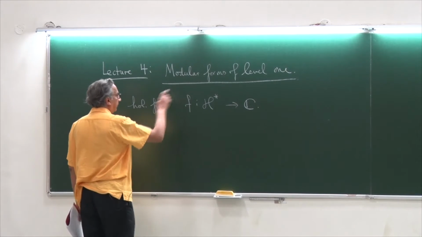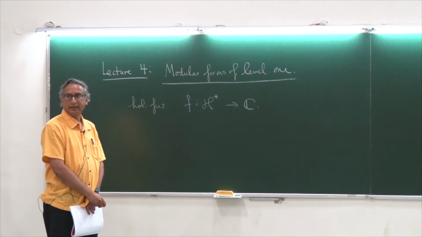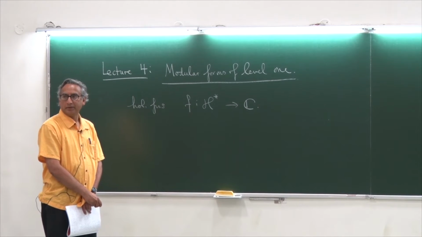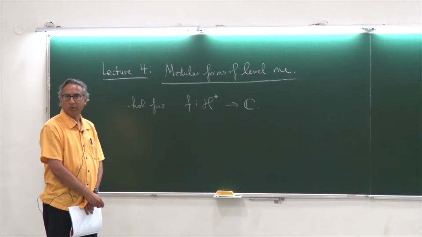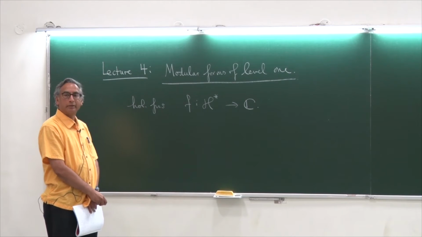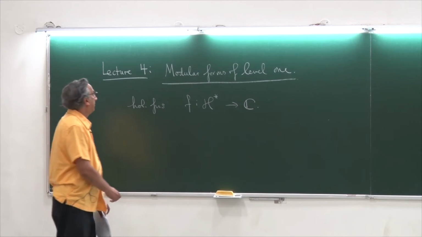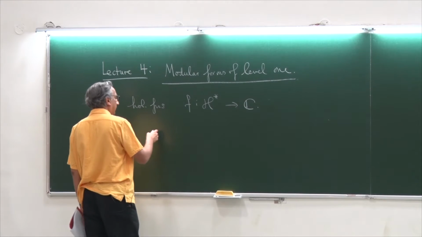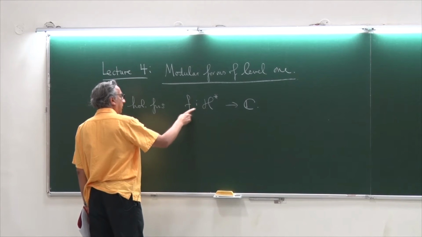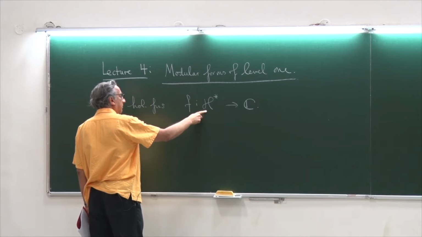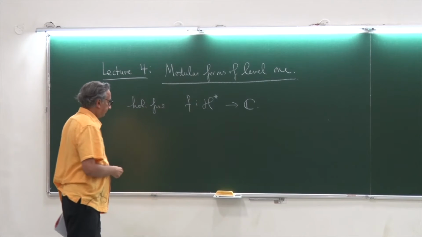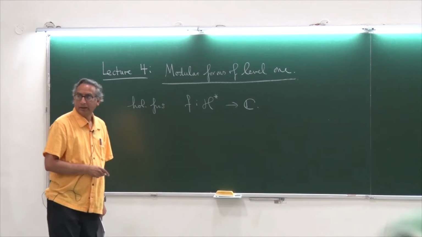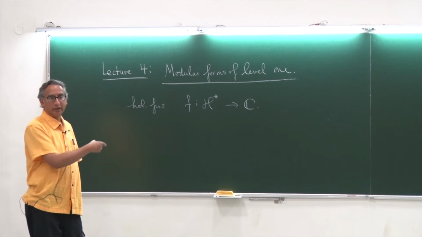In the case of level 1, it's relatively easy. In the case of higher level, it requires a little bit more fine-tuning, which I will do in the next lecture. But for now, essentially, we know what it means for a function to be holomorphic in the usual upper half plane. So what does it mean for the function to be holomorphic at infinity, which is the extra point that you've added?